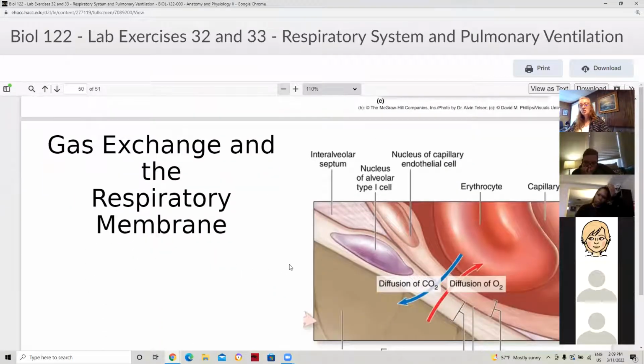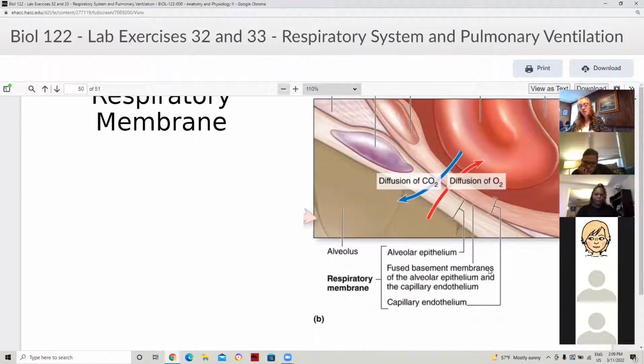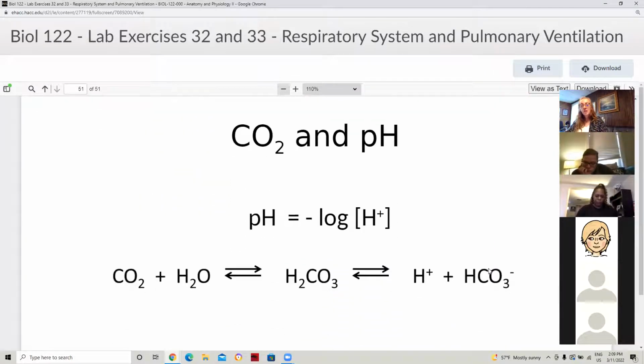Gas exchange: carbon dioxide moves down its gradient from the higher pressure in the blood to the lower pressure in the lungs. Oxygen moves down its gradient from the higher pressure in the lungs to the lower pressure in the blood. Last slide here.